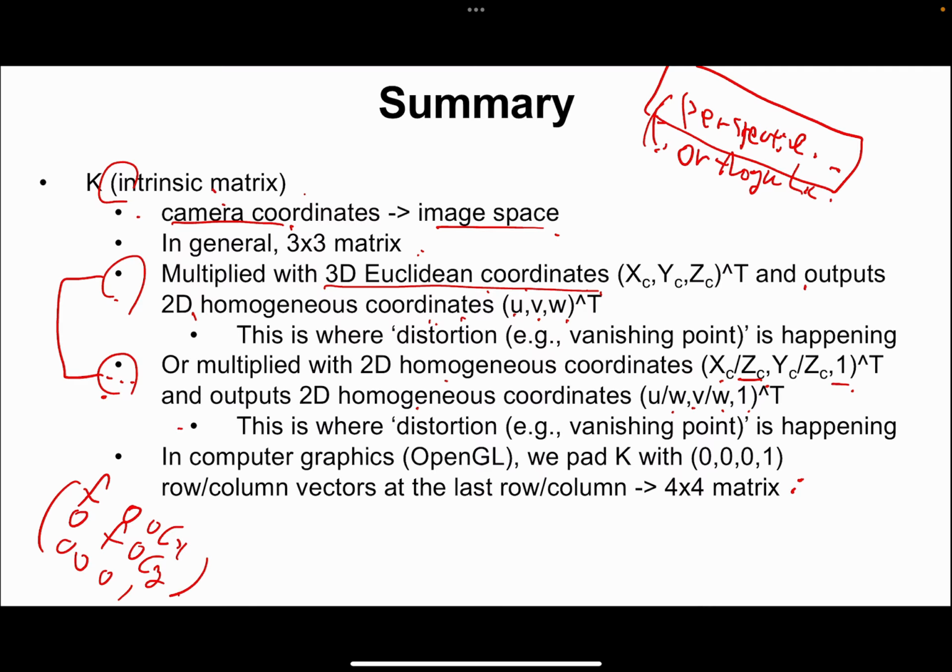But if we design K as this kind of orthographic matrix, there can be multiple K's. If we design K like this, then that is saying we are going to use orthographic projection, so there is no distortion.